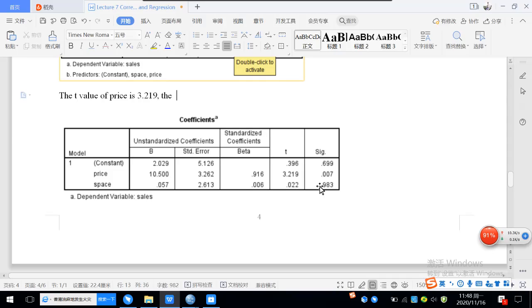The significance is 0.007, which is less than 0.05. Hence, the coefficient of price is significant.